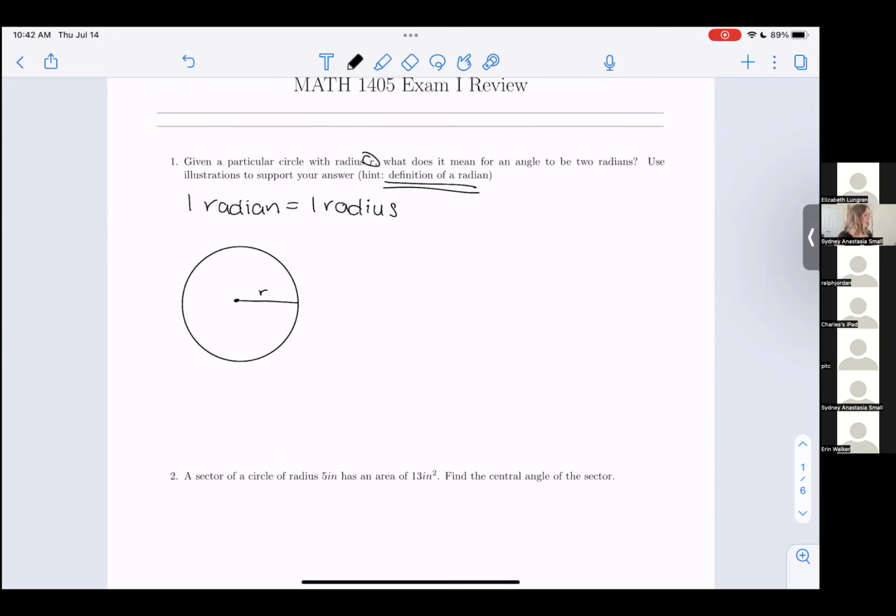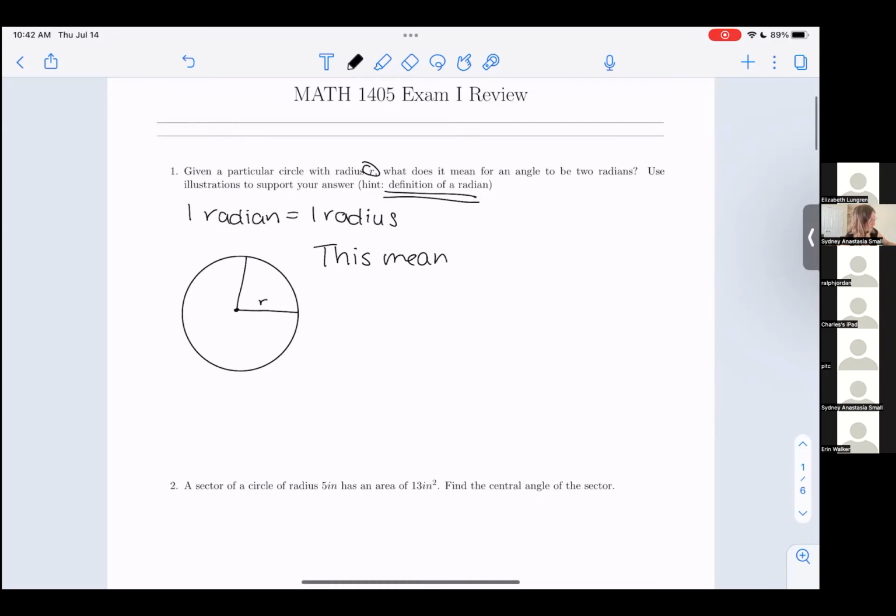And so if 1 radian is 1 radius, that means in words that the arc length on the circle between the initial and the terminal side of our angle, so let's draw an angle, is that of 2 of the circle's radii.